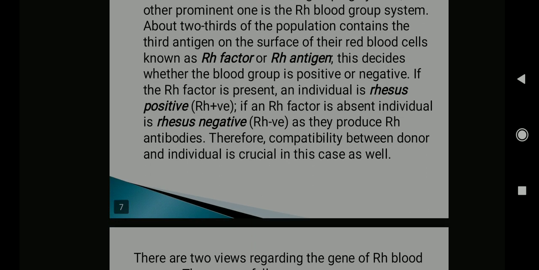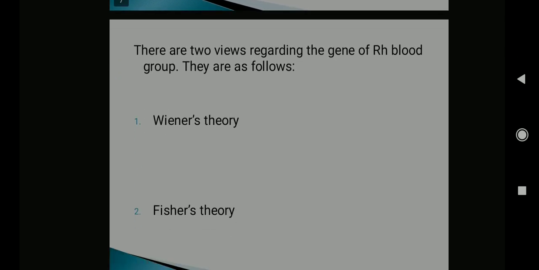So next we are going to learn about the genes of the Rh blood group. There are two views regarding them: one is Weiner's theory, and the other is Fisher's theory.